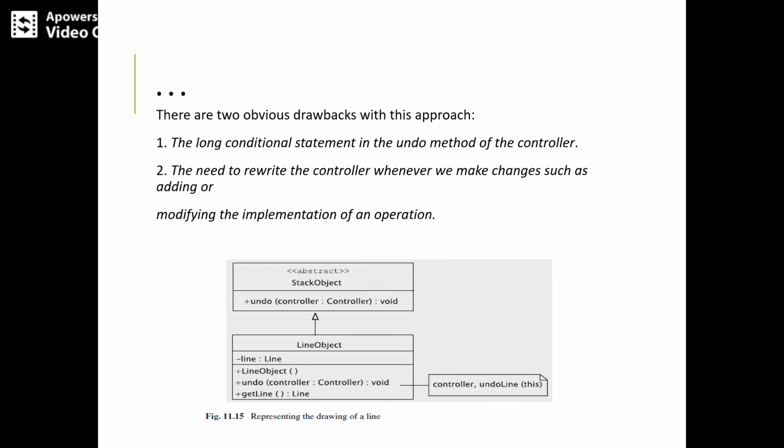The subclass is the line object with the method line and line object undoing controller void, which extends controller undo line of this object. Note that we should decode the stored object; the name of the field is not required. The make line method used here is simplified: it just creates the line object and pushes it onto the stack. So this is the representation of drawing a line.